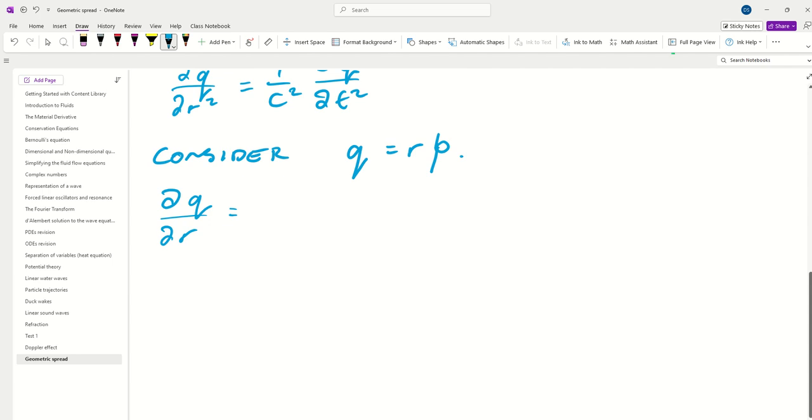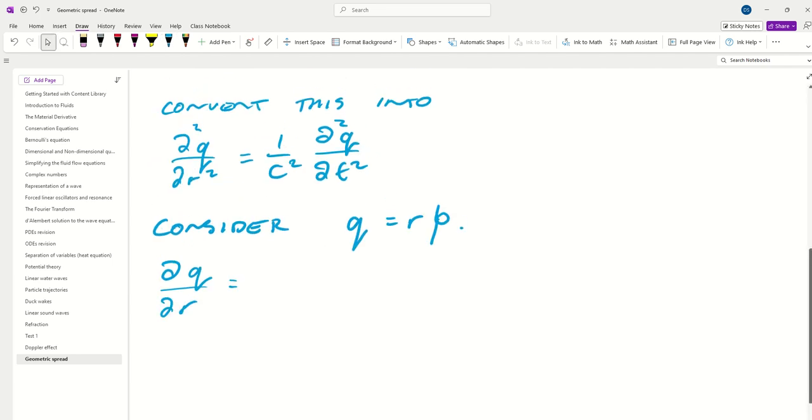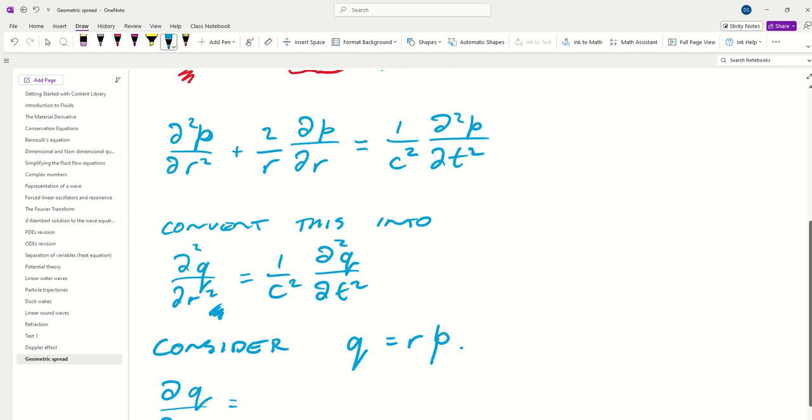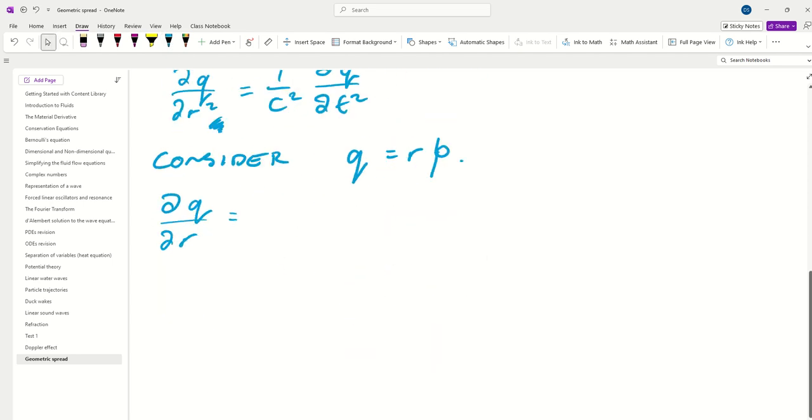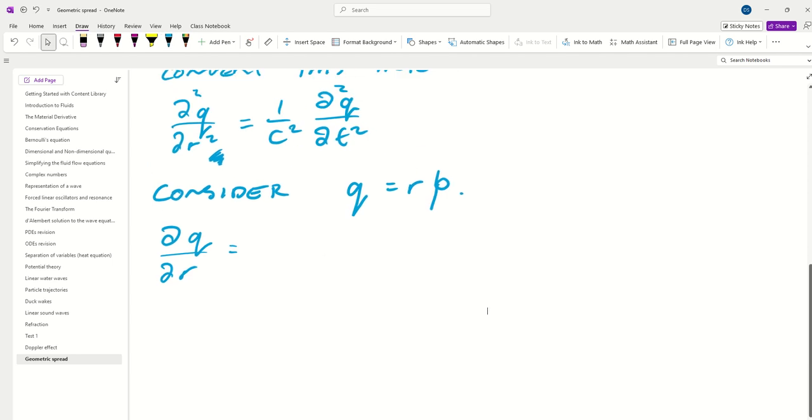So to find the first derivative of this, because we're aiming for the second derivative, right? So we want to find out what this term is and compare it to this entire equation up here. So in order to find the second derivative, I've got to find the first derivative first.